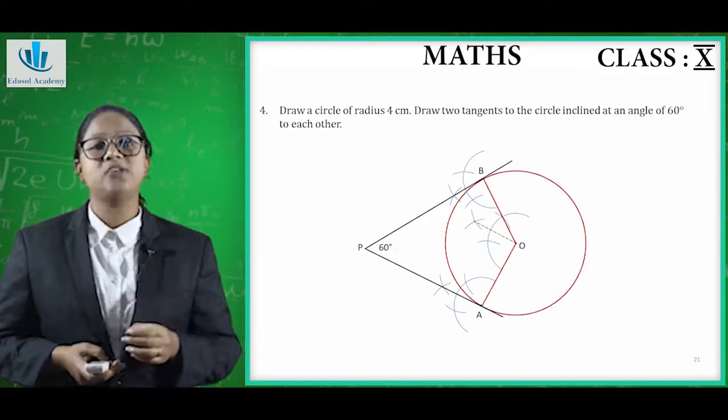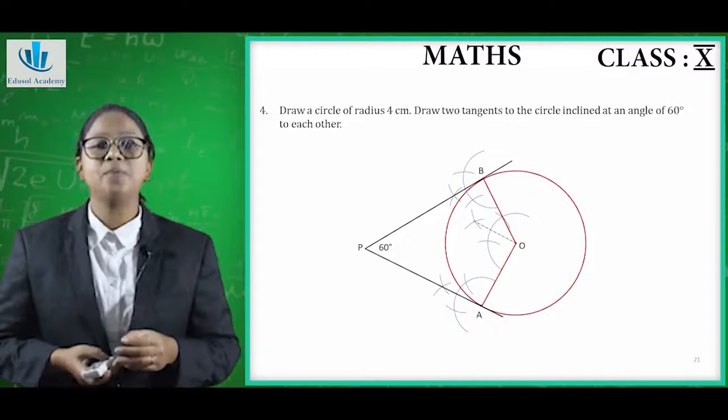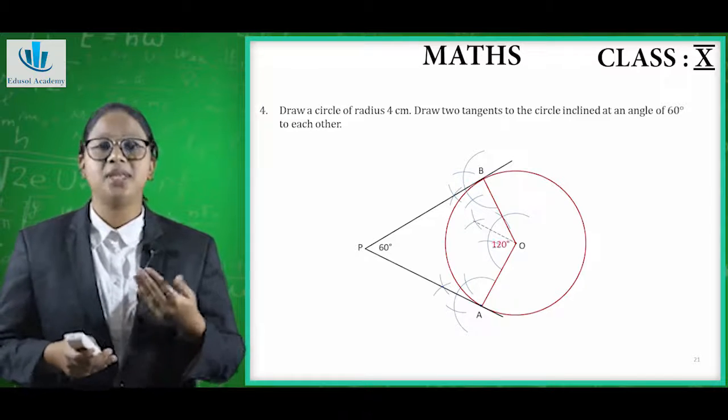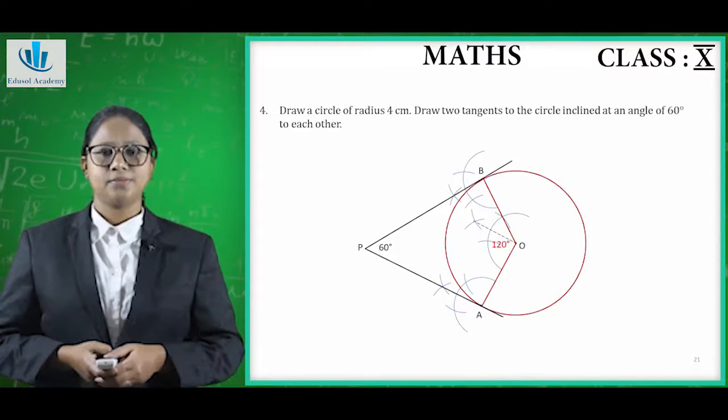Angle in the middle is 120 degrees and the angle between the radius and the tangent will be 90 degrees, as per theorem 1 of circles.